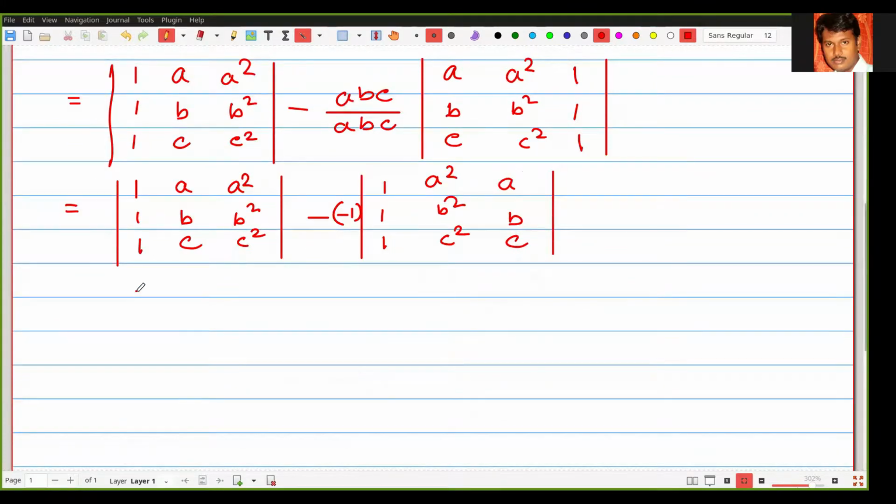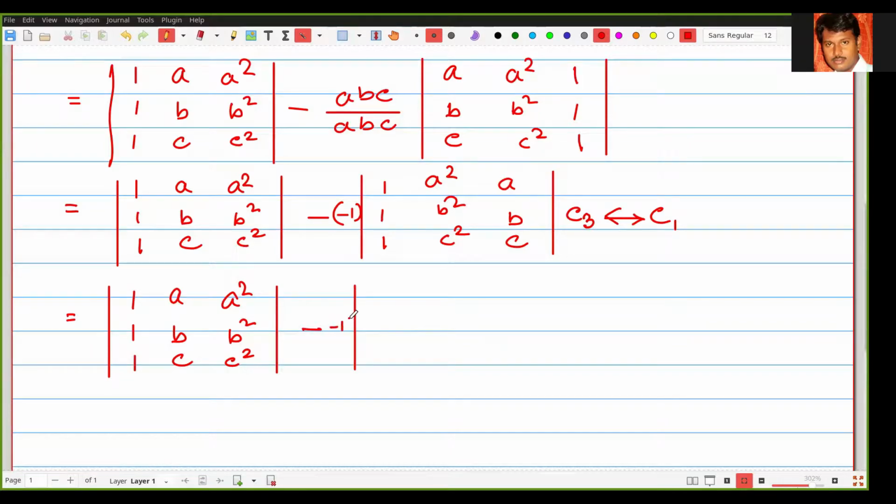And again interchanging. So that is 1, 1, 1, A, B, C, A square, B square, C square, minus, another interchanging of second and third column. So here also we can write that is C3 and C1. Here minus 1 whole square.